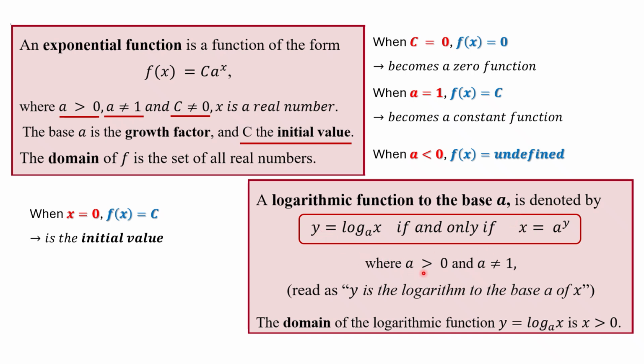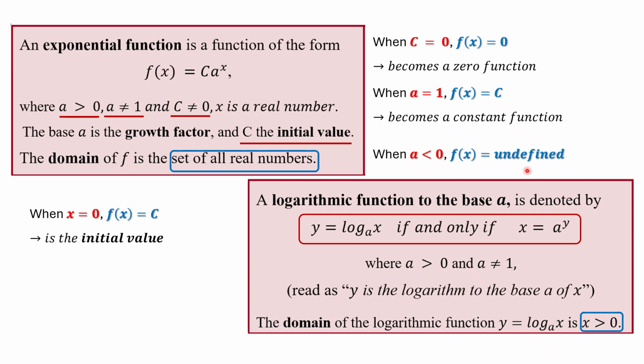The condition for a is the same as exponential: a must be a positive number, but not equal to 1. You can read this as y is the logarithm to the base a of x, or log of x to the base a. The domain of an exponential function is the set of all real numbers, but the domain of a logarithmic function is always positive numbers, or greater than 0.